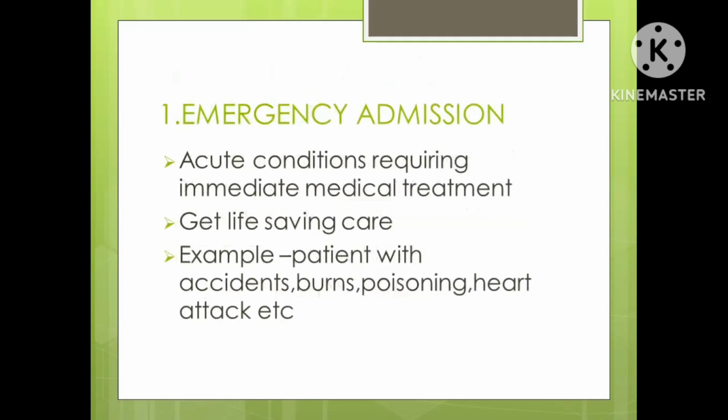What is emergency admission? The admission done in case of emergency situation, that is acute conditions requiring immediate medical treatment. Here we will get life-saving care. For example, patients with accidents, burns, poisoning, heart attack, etc.